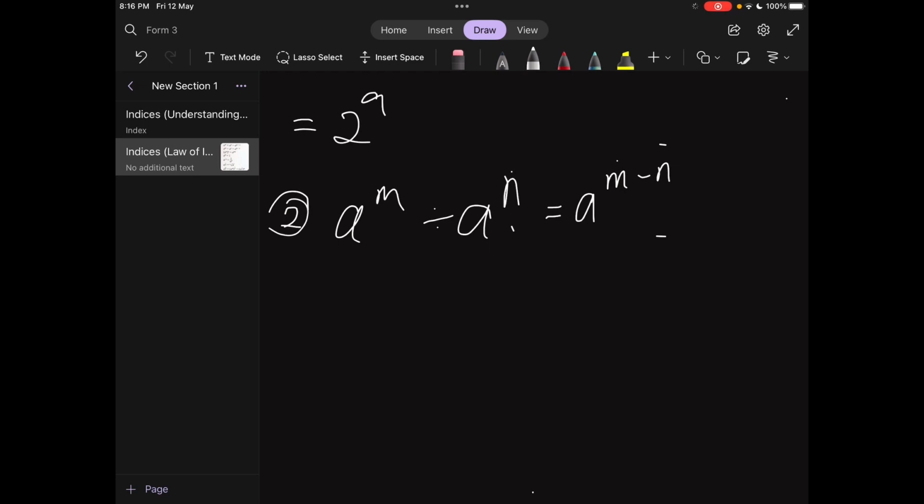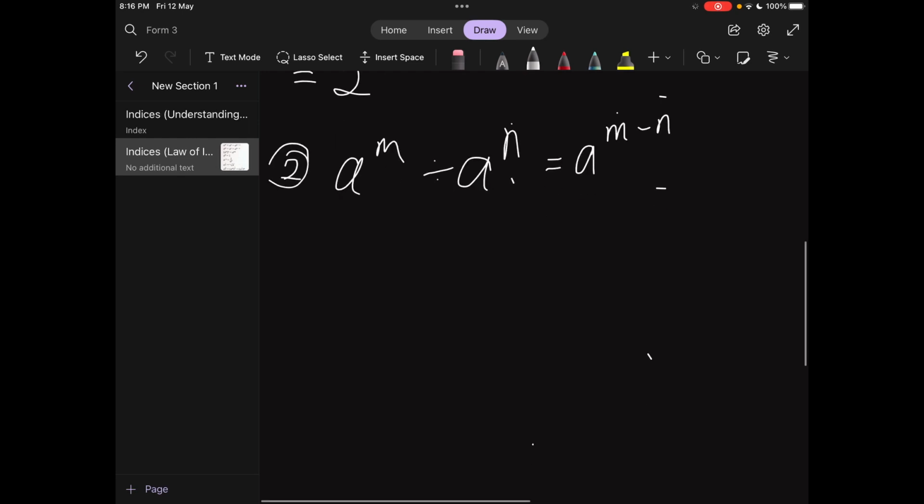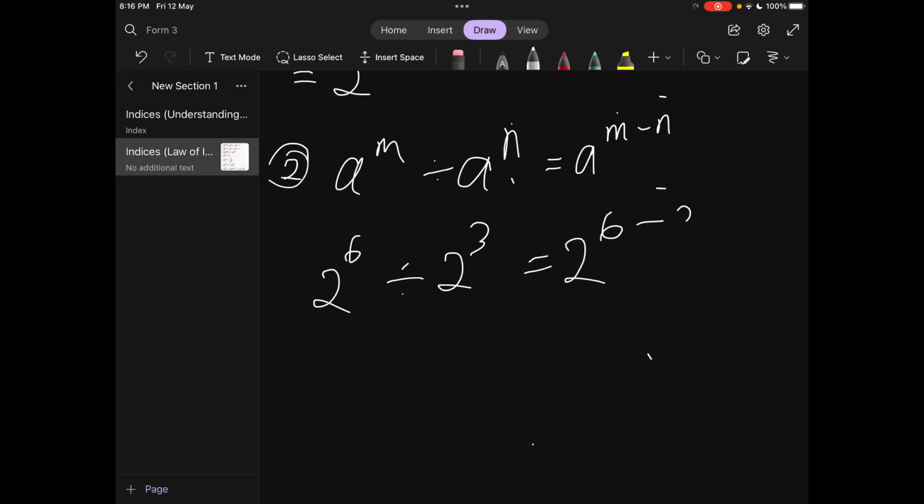Here we're just subtracting. But for the sake of explanation, I will still be using the same variables. So a is 2, so we have 2 to the power of 6 divided by 2 to the power of 3 equals 2 to the power of 6 minus 3.